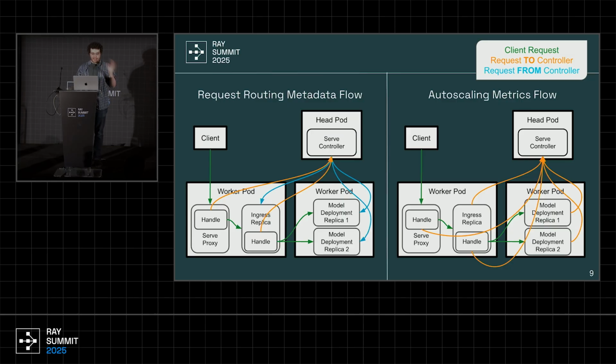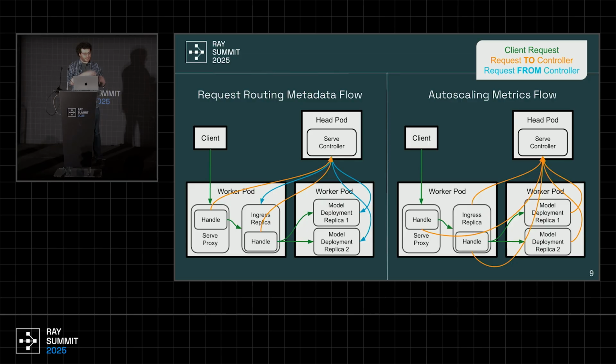In particular, on the left, we've got the request routing metadata flow. So I just said that these handles are responsible for actually routing the request. And what that means is that they need to know where the replicas of the deployment that they are routing to are in your Ray cluster. But they don't have that information, right? Because that information is held by the serve controller running on your head pod. So the handles are, in the background, continuously asking the serve controller, where are the replicas of the deployment that I am pointing to?